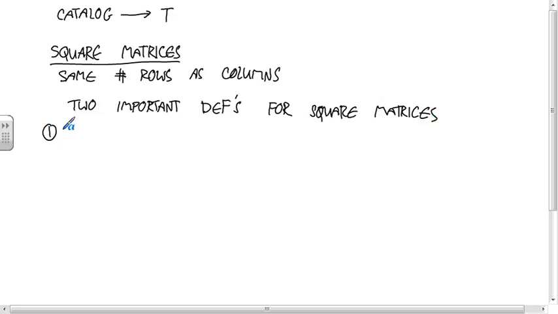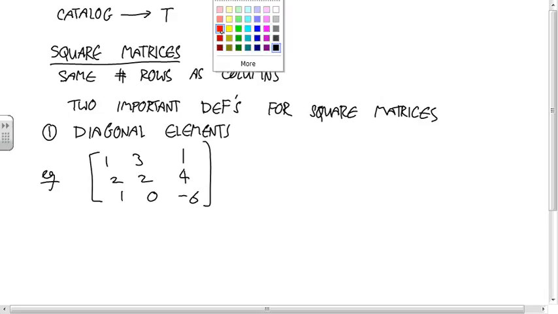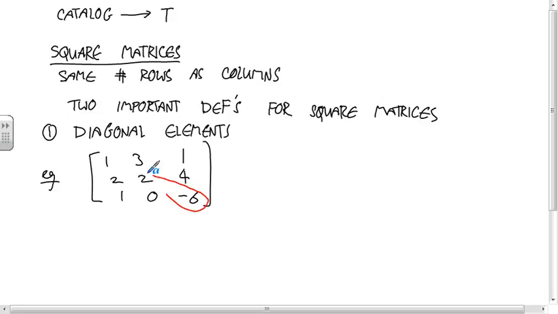The first is the diagonal elements. For example, if you have a matrix 1, 3, 1, 2, 2, 4, 1, 0, -6, that's a square matrix because it has the same number of rows as columns. And the diagonal elements are 1, 2, -6.